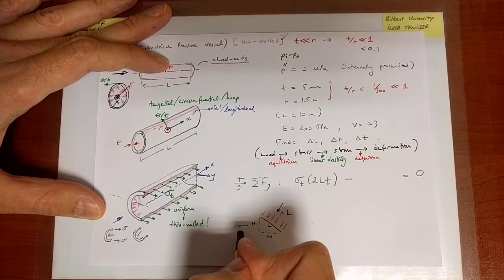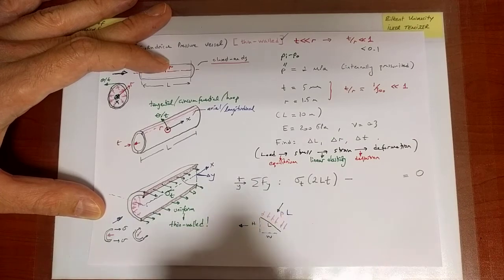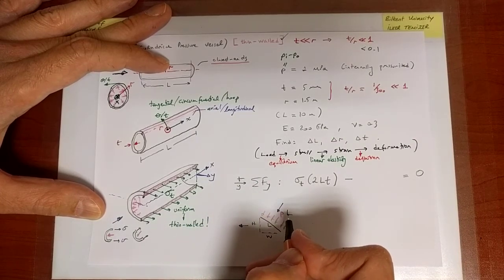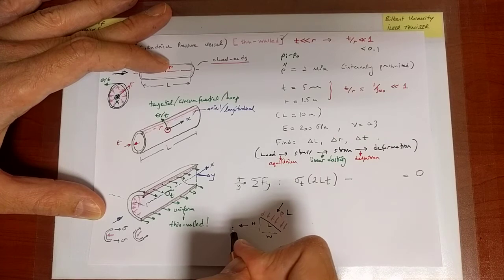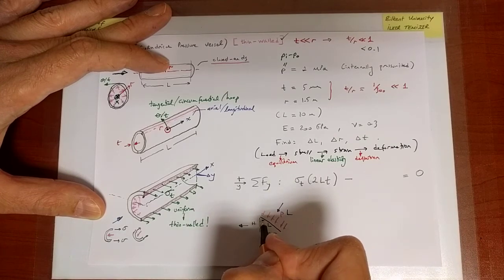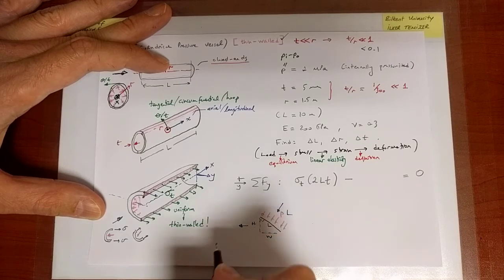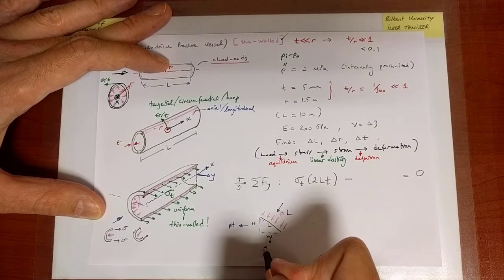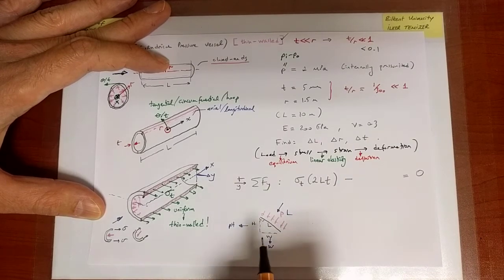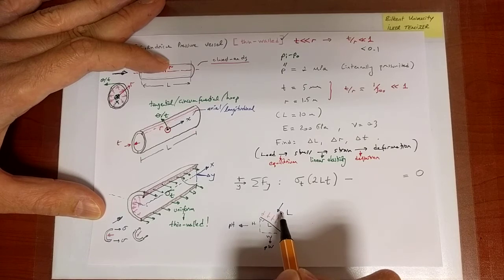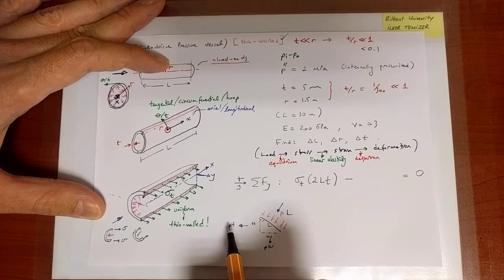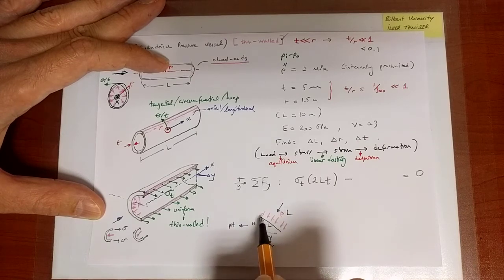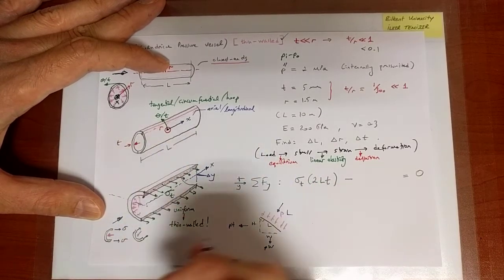What is the force in that direction, or the component of that force? Now it's going to be PL times the appropriate component, and it has to do with that angle, but L times the cosine of that angle is actually H, so it's going to be PH in that direction, and in that direction it's going to be P times W. So the force due to the pressure in that direction has two components, which is associated with the same pressure multiplying the dimension that is projected into the corresponding direction.